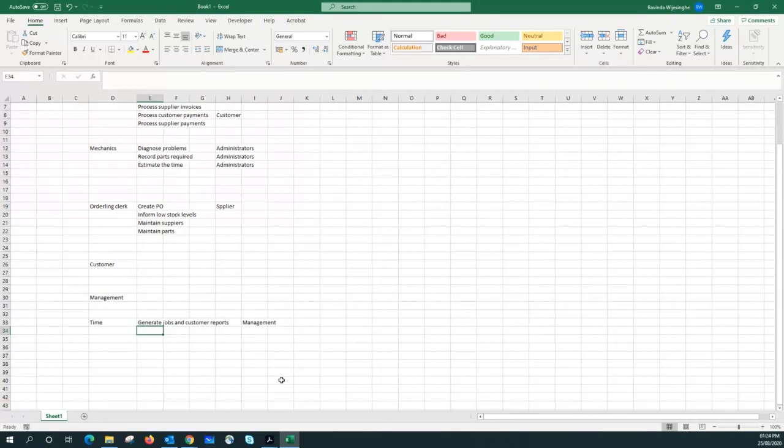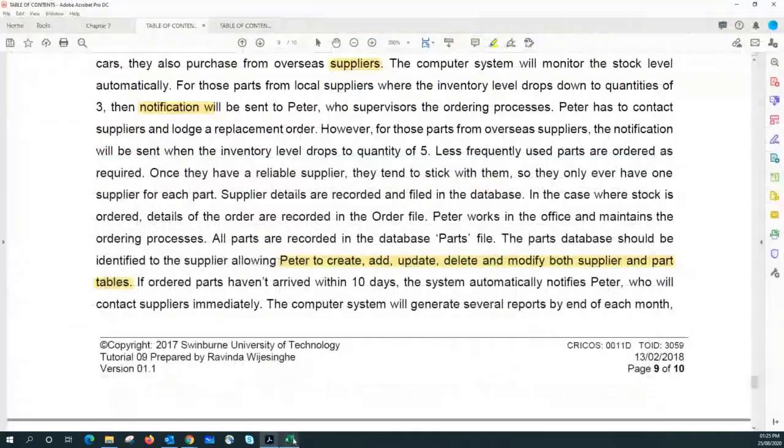What do you call that? Maybe inform late parts, something like that. Inform late parts of time. But in this case, I will put the secondary actor as ordering clerk. Order clerk.